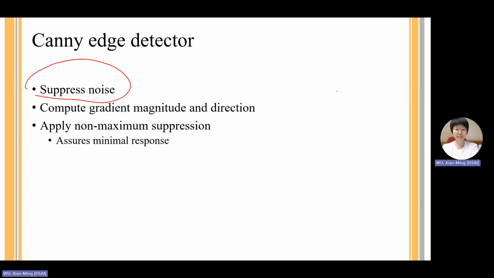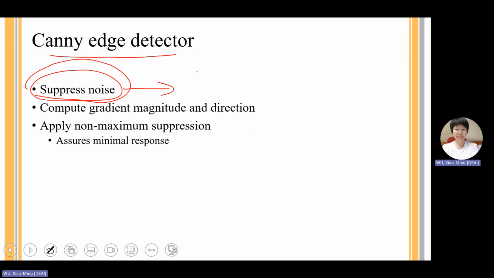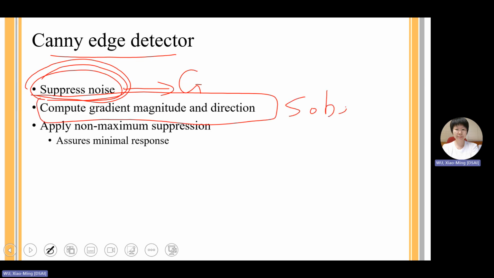So the typical workflow in the Canny edge detector is that initially we may apply a separate Gaussian smoothing filter to suppress noise in the image, and then we apply the Sobel detector.